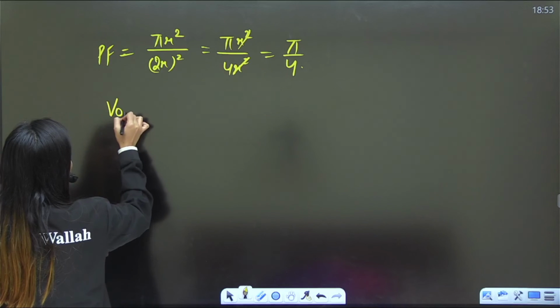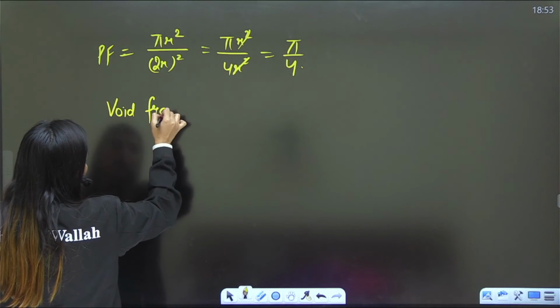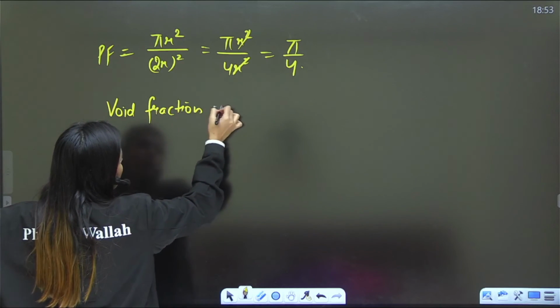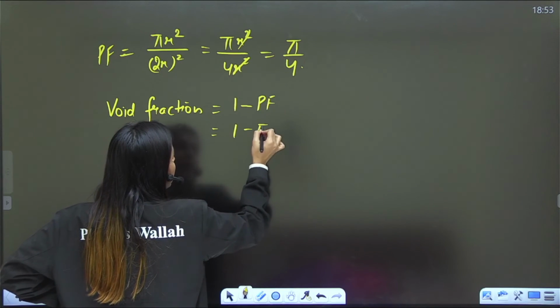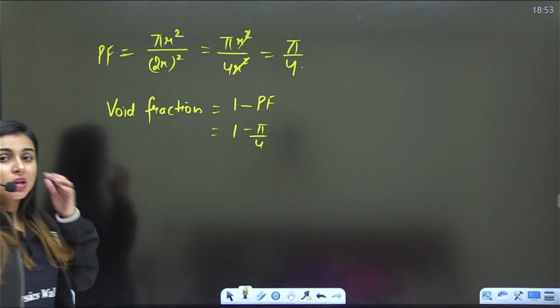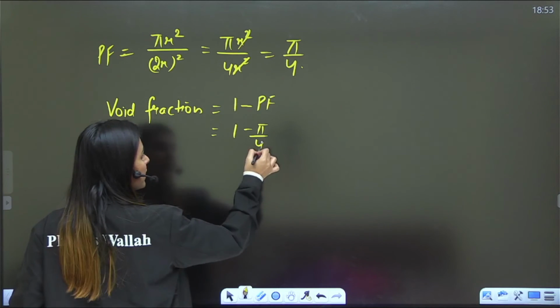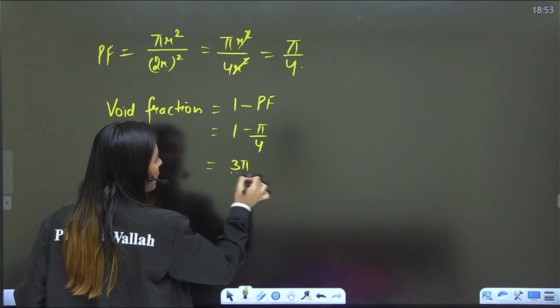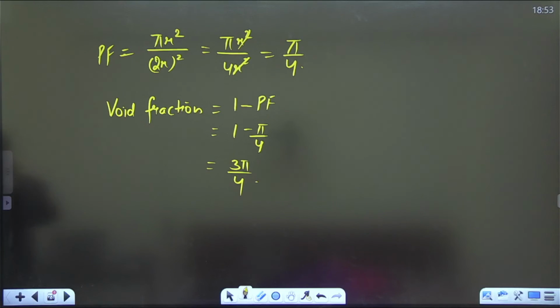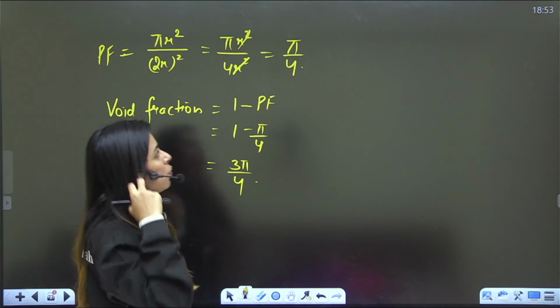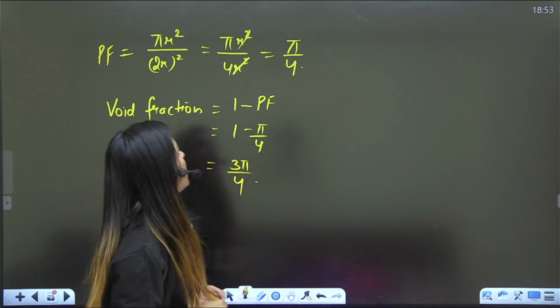What would be the void fraction? Void fraction would be 1 minus the packing fraction, which is 1 minus pi by 4. Right? Yes. So this is how you will calculate this. This is actually how we will be calculating the packing fractions. I hope you are clear with this. Okay? Yes. Perfect, my dear students.